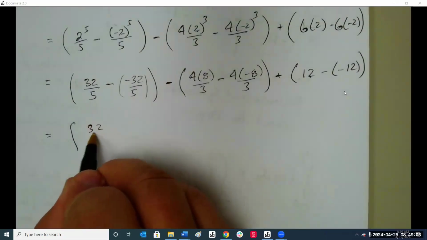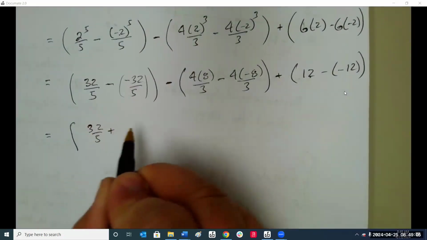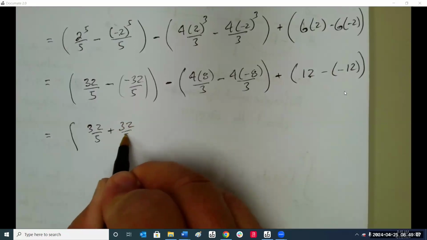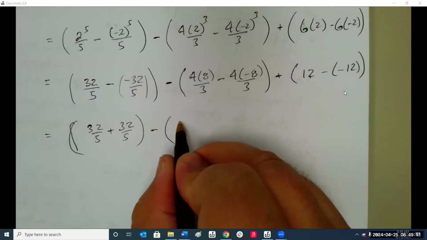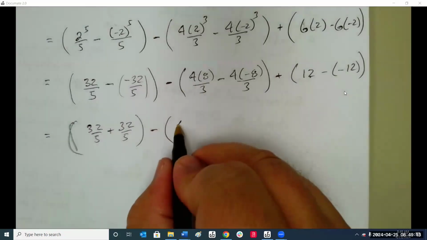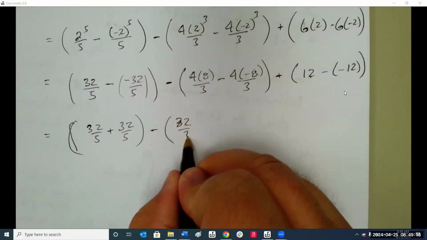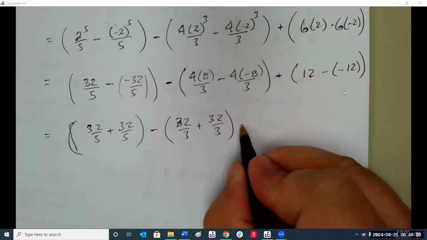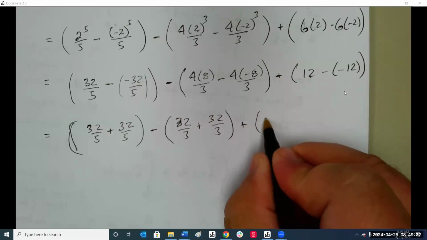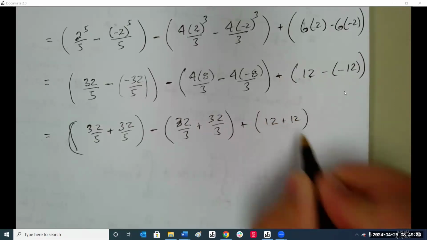So we have 32 over 5 plus 32 over 5. 4 times 8 gives 32 over 3 plus 32 over 3. 12 plus 12.